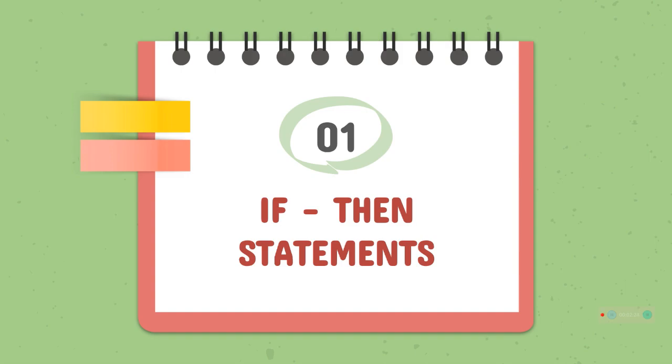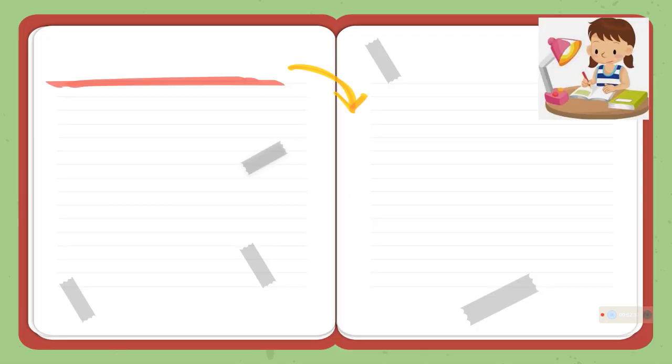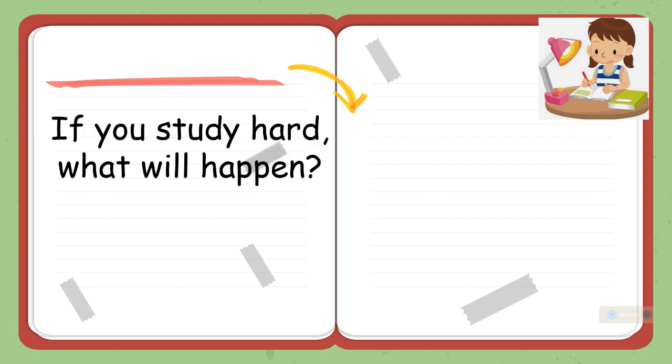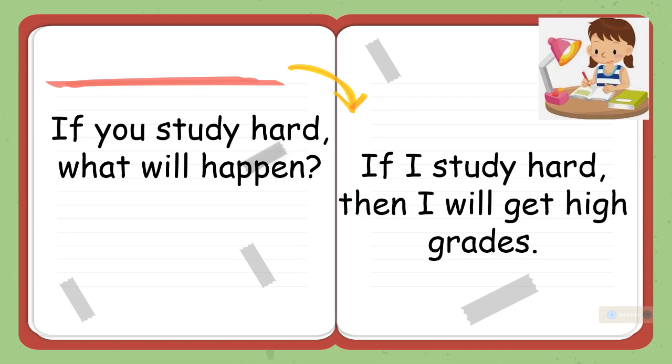To proceed, let us have the if-then statements. How are we going to relate if-then statements in our real-life situations or in other subjects? Let us have first this question: if you study hard, what will happen? You may answer here, if I study hard, then I will get high grades.